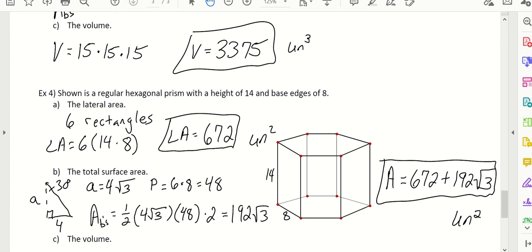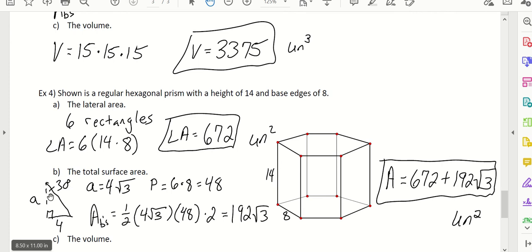Part B, the total surface area. We've already got the lateral area. We just have to find the area of the two bases. If you recall from the last unit, if you have a regular hexagon, you can create these central angle triangles, and they're all going to be isosceles triangles.